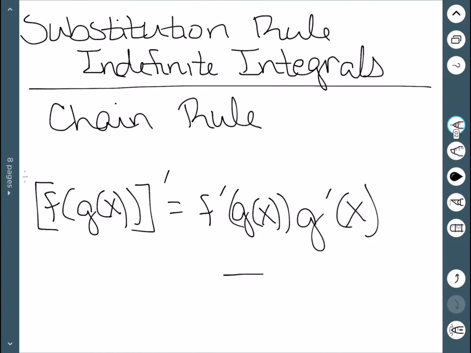We have something in this form, and we want to find f of g of x. We want to find the integral. And so we're going to do this using substitution.